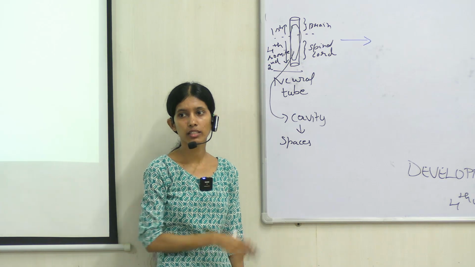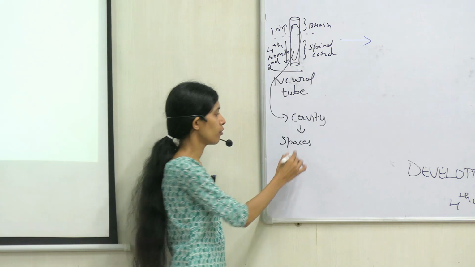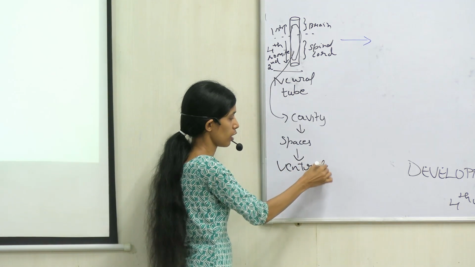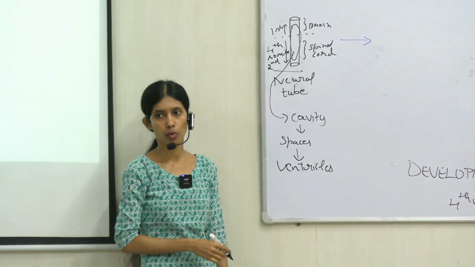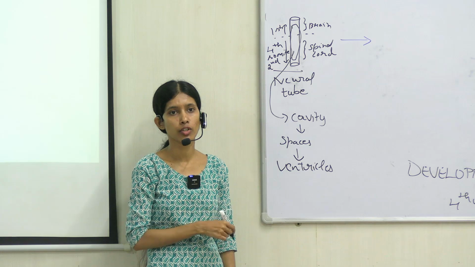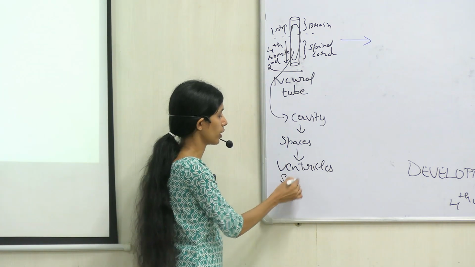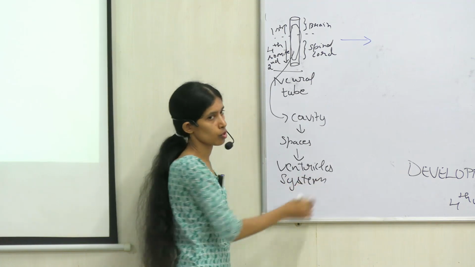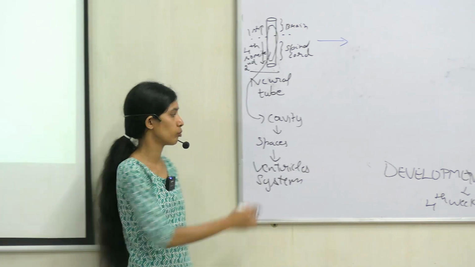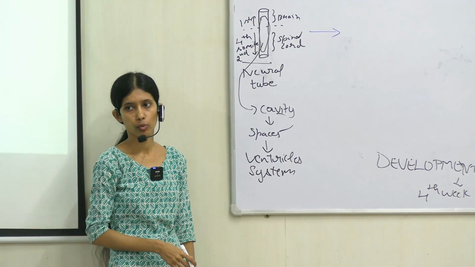Later these spaces which are present in your neural tube will form the ventricles. All the ventricles present in your brain, including in your spinal cord area, will together give rise to ventricular system. So basically ventricles of your brain and spinal cord are nothing but the space or the cavity of your neural tube.